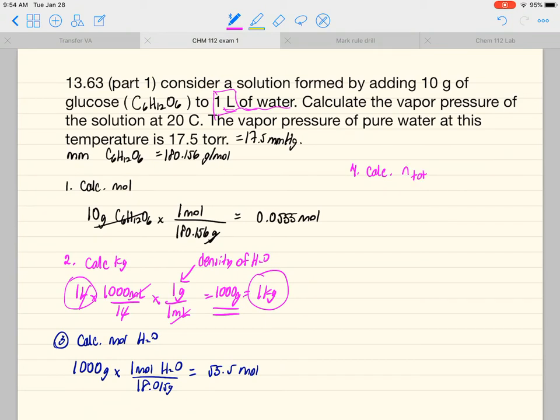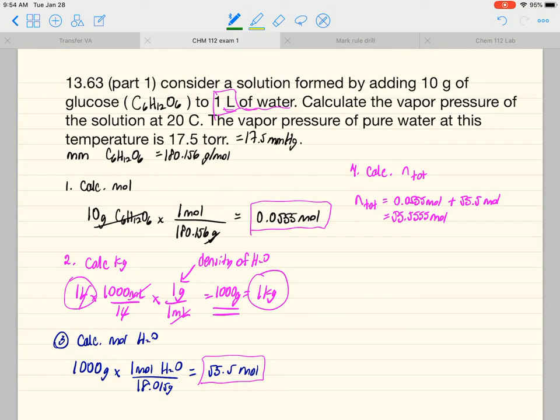Okay, and the total moles is going to be equal to the moles of glucose plus the moles of water. So there's a lot of 5s in this value here.